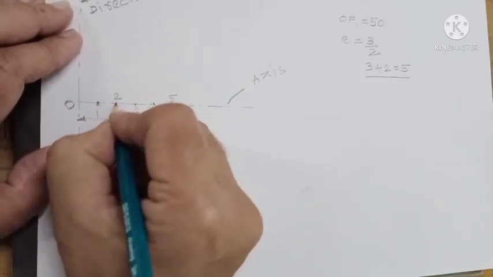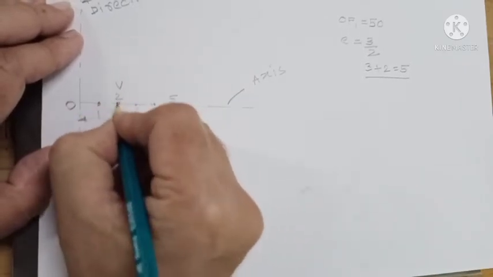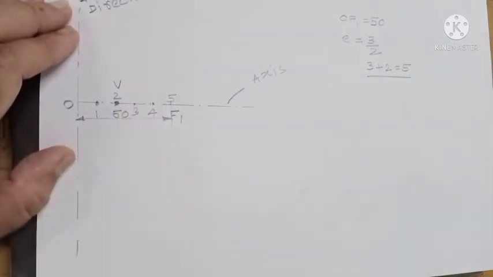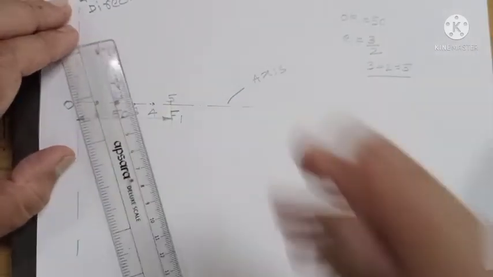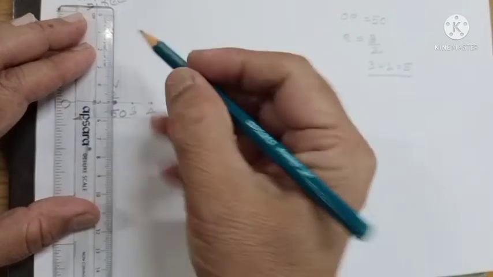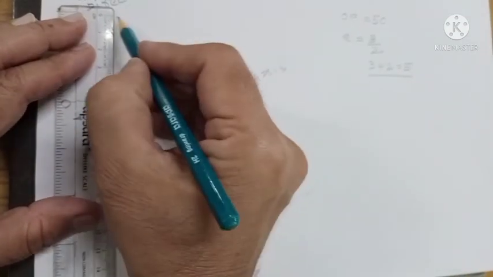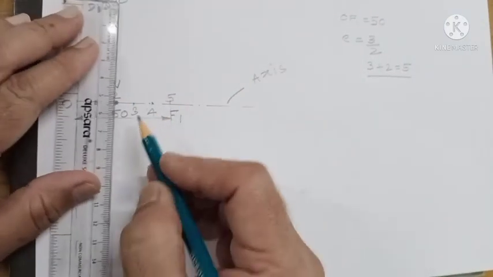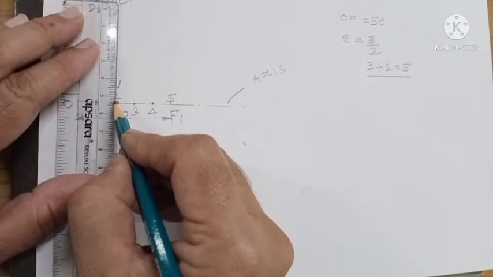I will mark this point as V. That means the vertex is here. Now draw a line from here, a 2H line from this place. Use the mini drafter only to draw the perpendicular. Draw the line like this.